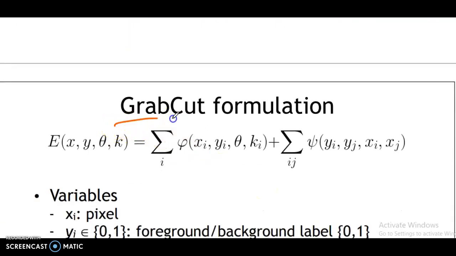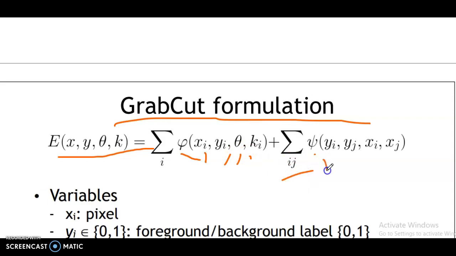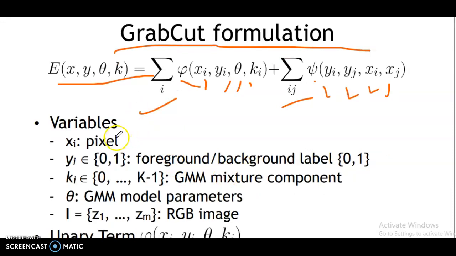GrabCut formulation: E of x, y, theta, k equal to summation over i of pi of xi, yi, theta, ki, plus summation over i, j of psi of yi, yj, xi, xj. Variables: xi is the pixel. Yi is the foreground or background label, 0 or 1.